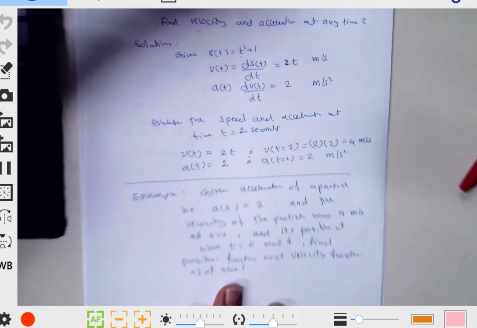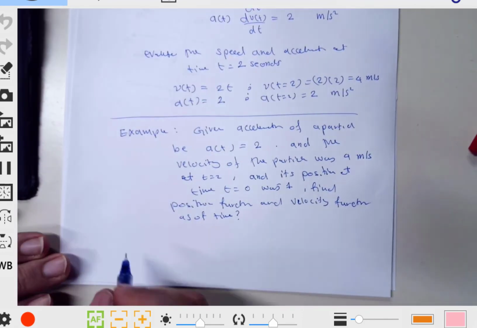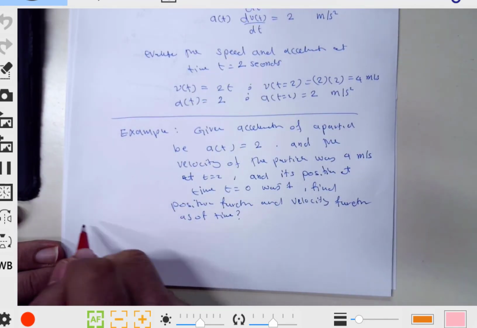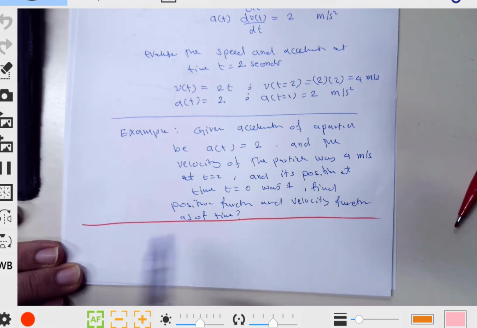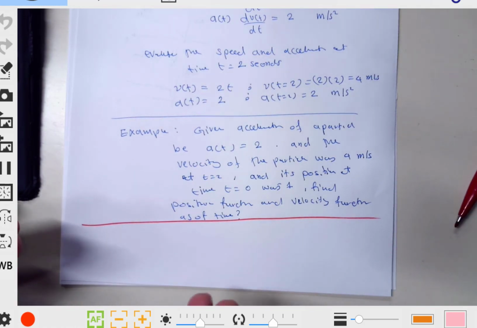Great. So what are we given? I'm going to dedicate this area here for the solution, and this is when you appreciate this is math.